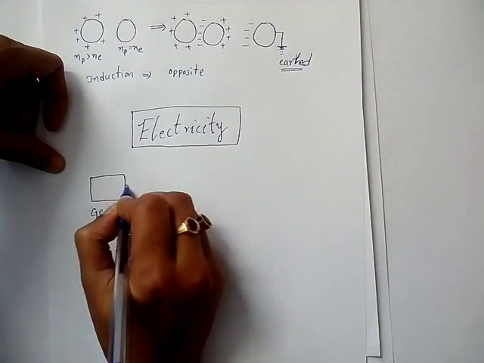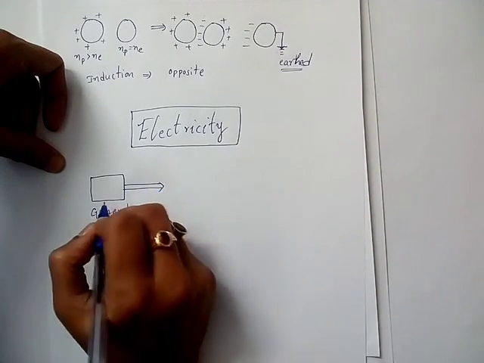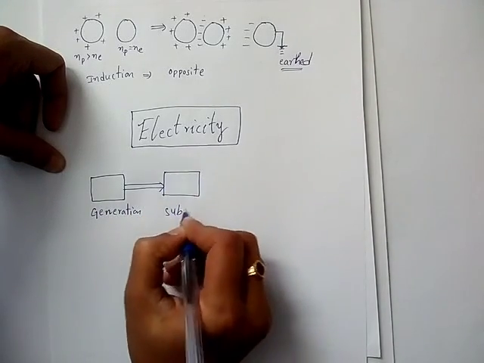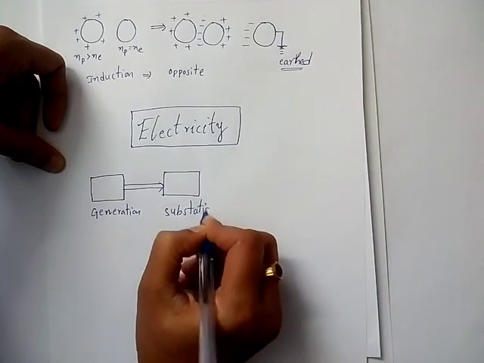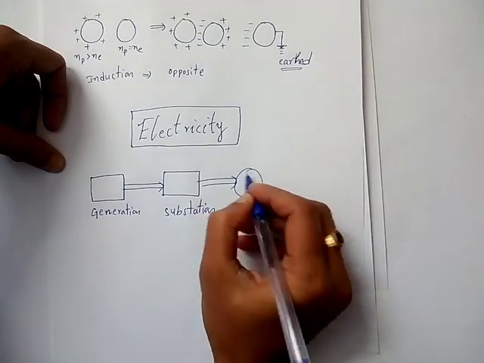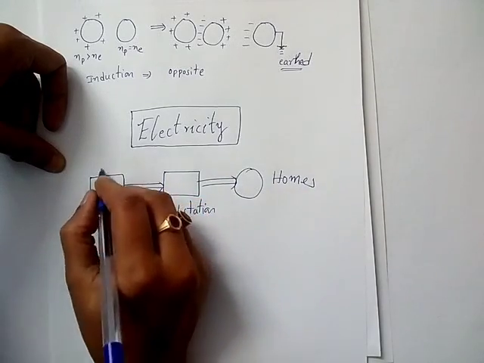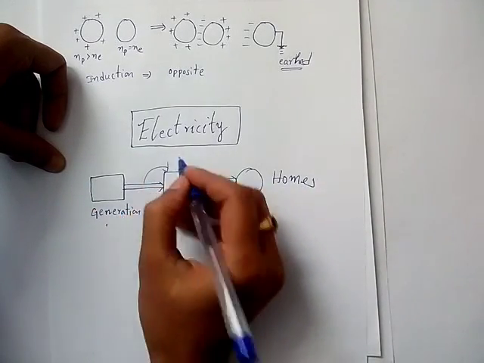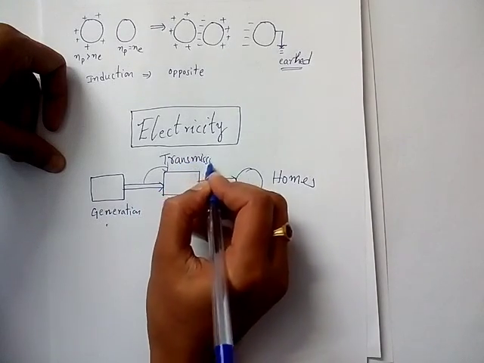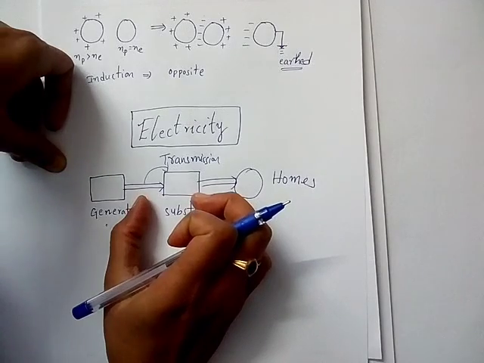After that, from where it got generated it will be sent to some substation. Okay, from that substation they will send it to our homes. So this is generation. The substation part we call transmission, and we have many types of substations.